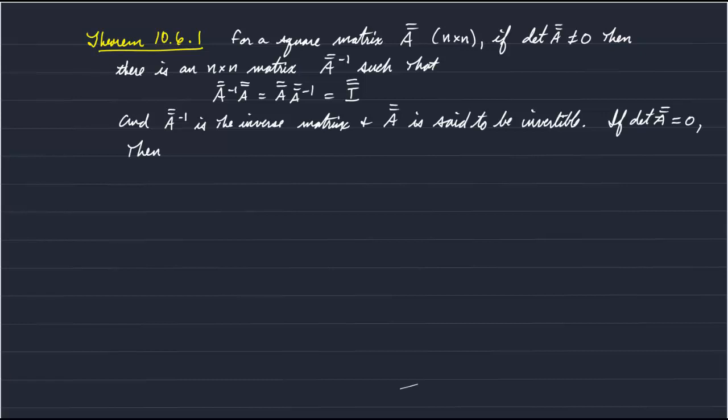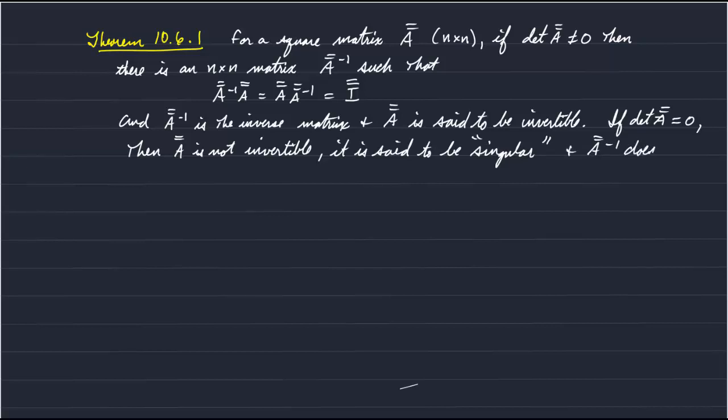So if the determinant of A is equal to 0, then A is not invertible. It is said to be singular. And the inverse matrix doesn't exist.